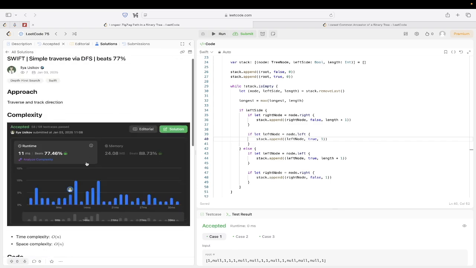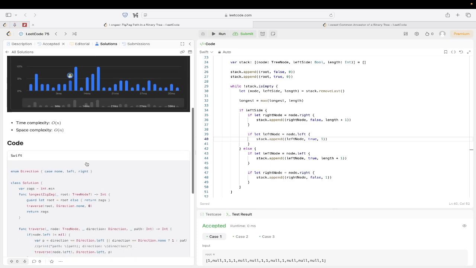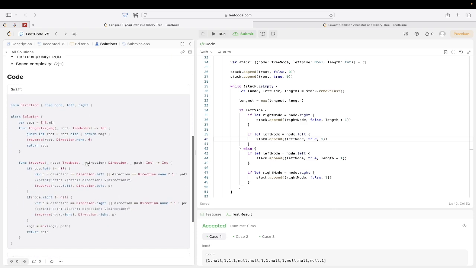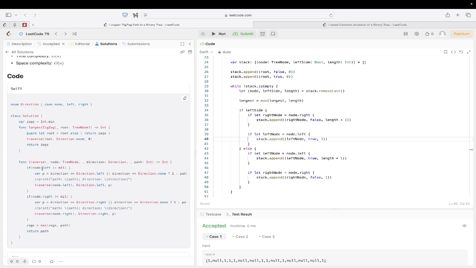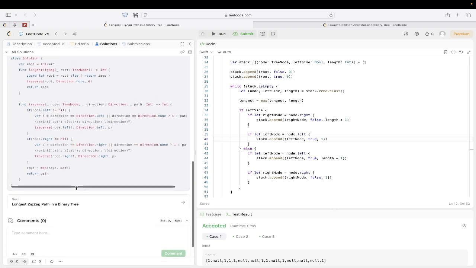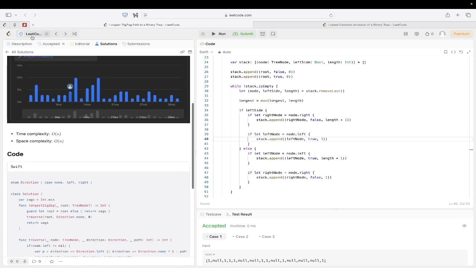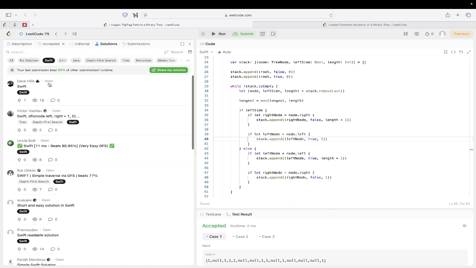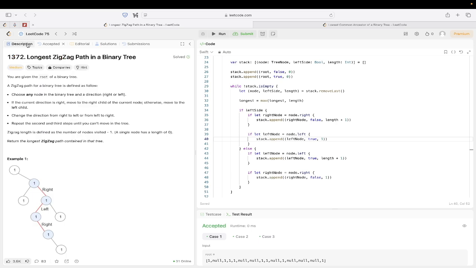I need to try that. Is there a traverse? Oh, this is its own function. Okay. So that was LeetCode problem 1372, longest zigzag path in a binary tree.